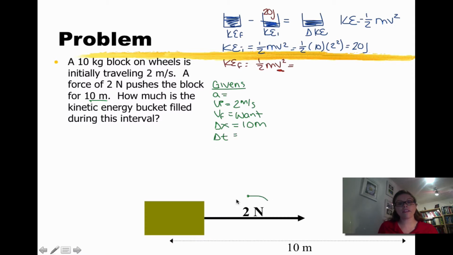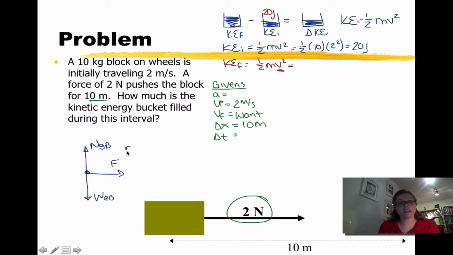Now we need one more number so we could use our kinematic equations. Well, we're given a force, and whenever I think of force, we could solve for acceleration. So let's draw a free body diagram. We have the weight by the earth on the box, the normal by the ground on the box, and we have this force. Since there's no friction, we don't have to worry about that.